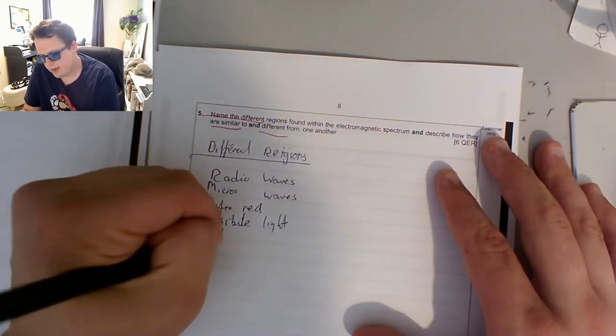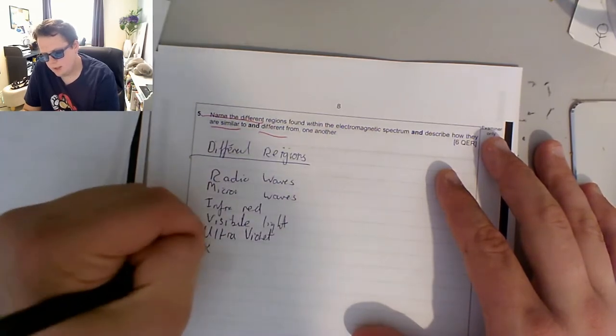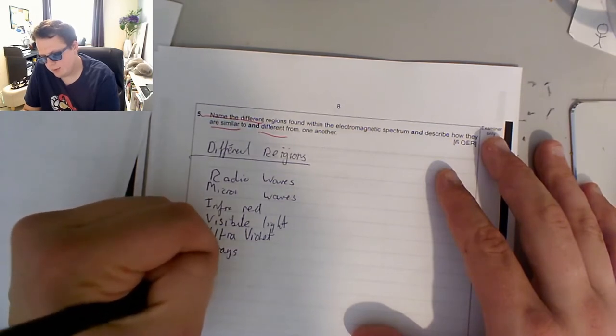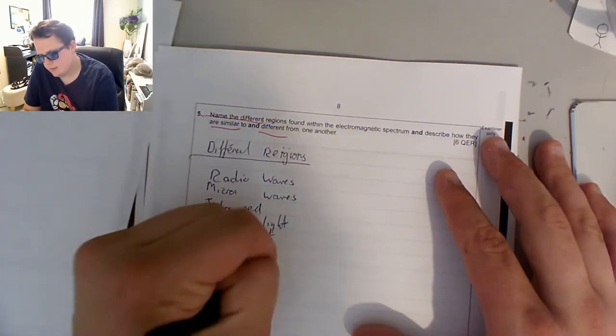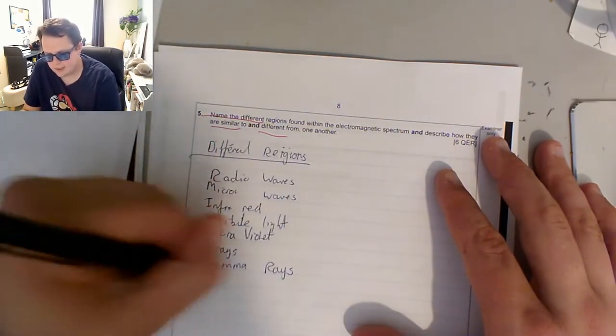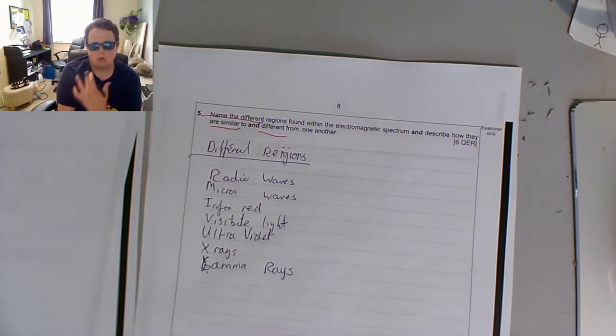Then we have ultraviolet. Then we have our X-rays, and then I'll write it out properly, gamma rays. 1, 2, 3, 4, 5, 6, 7. There we are. There's our 7 different regions. So we've already done one area really well. So we're at 1 to 2 marks.